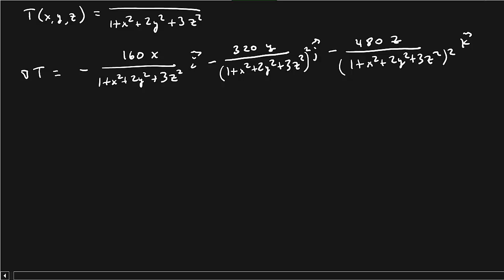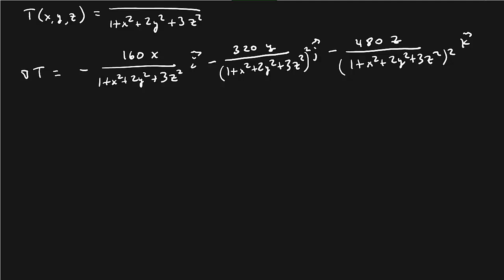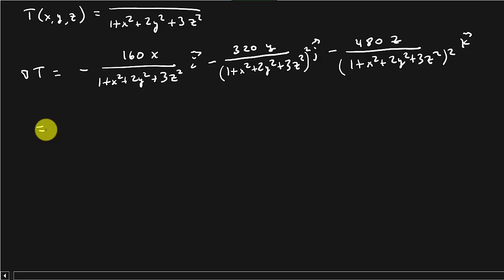All right, so there's your gradient, and let's rewrite it just a little bit. How about we pull out a 160 over (1 plus x squared plus 2y squared plus 3z squared) squared.